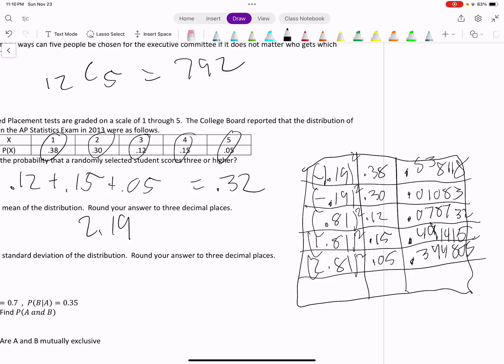I've now squared them all and then multiplied them all by the probabilities. Now I need to sum them up.